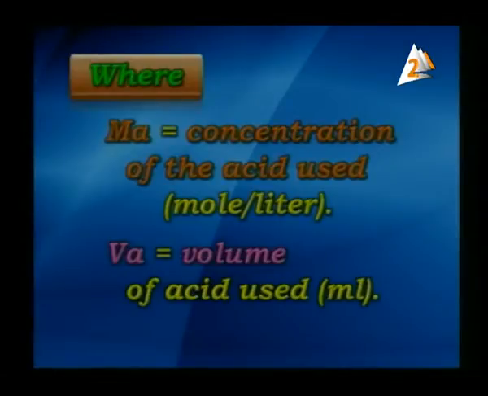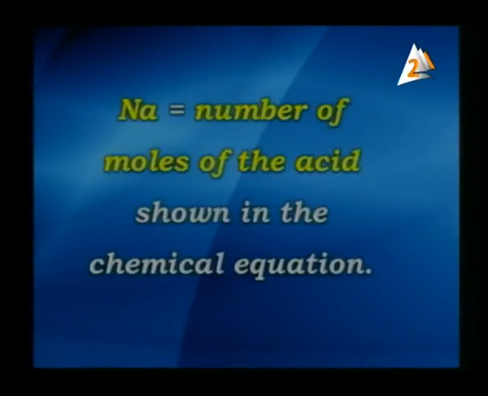No, it is not enough. What do we have also? We have Na. It means the number of moles of acid shown in the chemical equation. Concentrate with us very well. Na is equal to the number of moles of acid that is shown in the chemical equation.